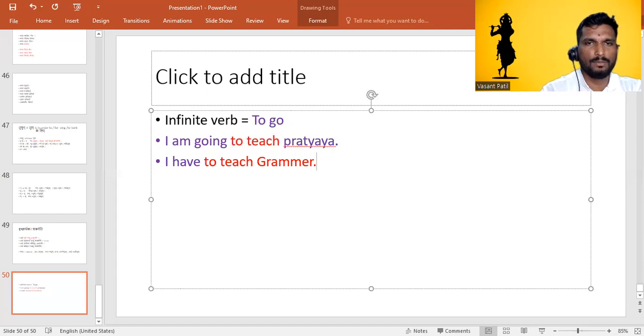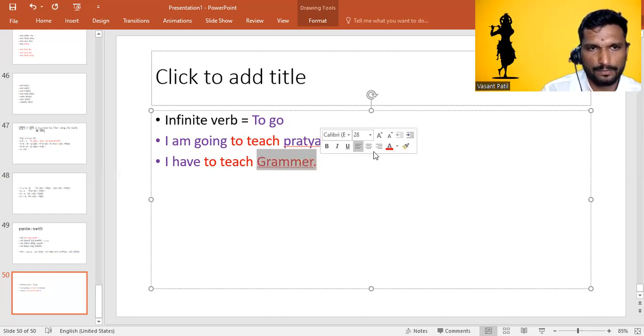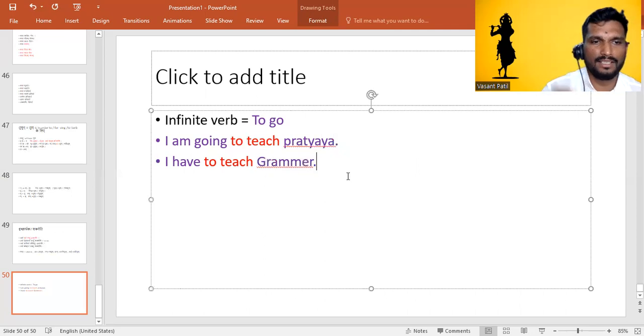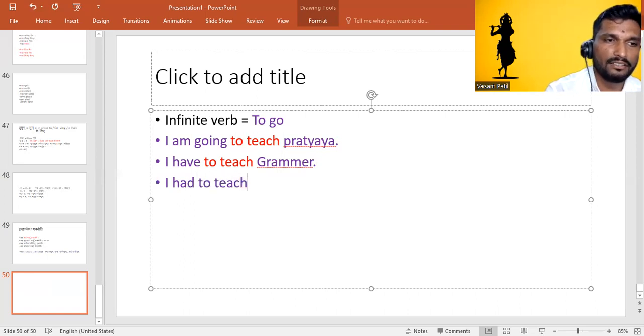You search on this because this is English, so I don't know much. But I know this concept that to teach will not change. We can use it as it is in many, many places. I had to teach. So now in past tense also, to teach we are not changing.